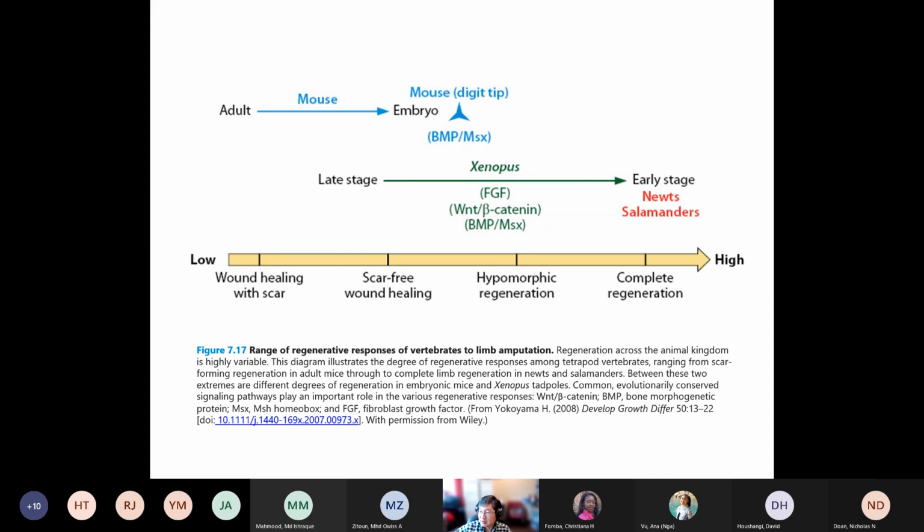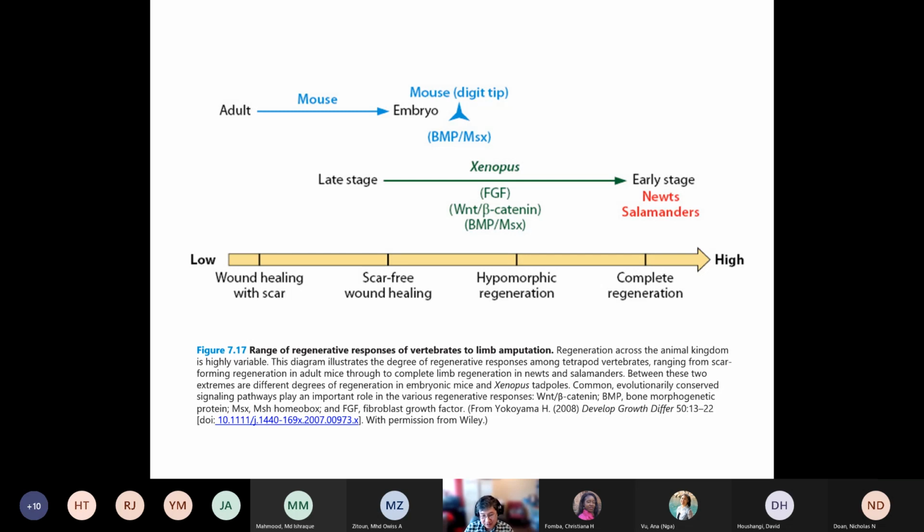Okay, so I'll move on to the second part of today's lecture, on regeneration processes that don't involve stem cells. But first of all, I would like to explain the range, scale, or power of regeneration in limb amputation.